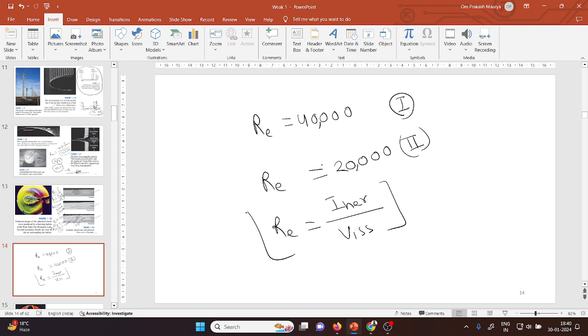If the inertia force is constant in both cases, in which case will your viscous force be less, the first or the second? This is simple mathematics.